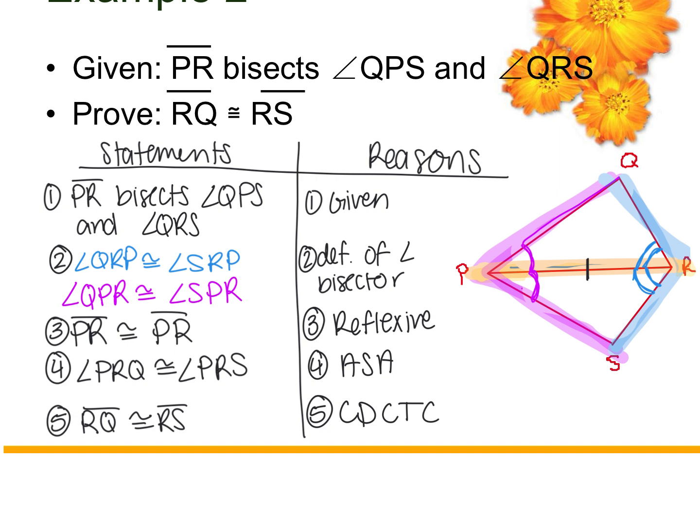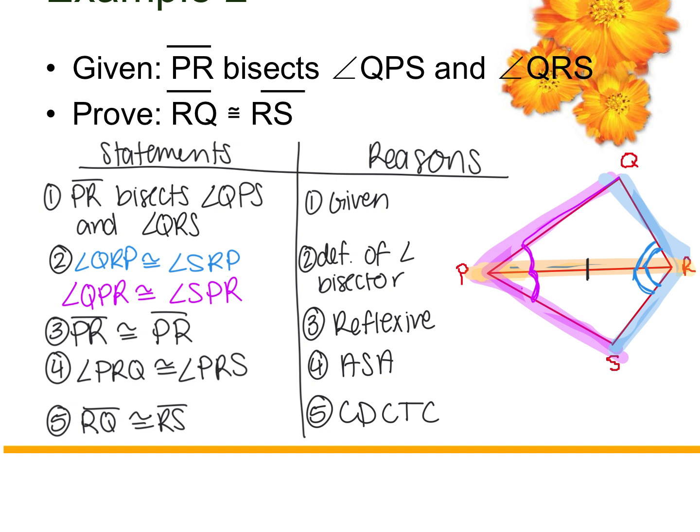Katya? You said that the CPCTC was because the triangles are congruent. Does it state that? What do you mean? Well, because the thing before was that angle PRU instead of PRS. But shouldn't you, in order to use CPCTC, stay in the triangle first? Those are the triangle symbols.